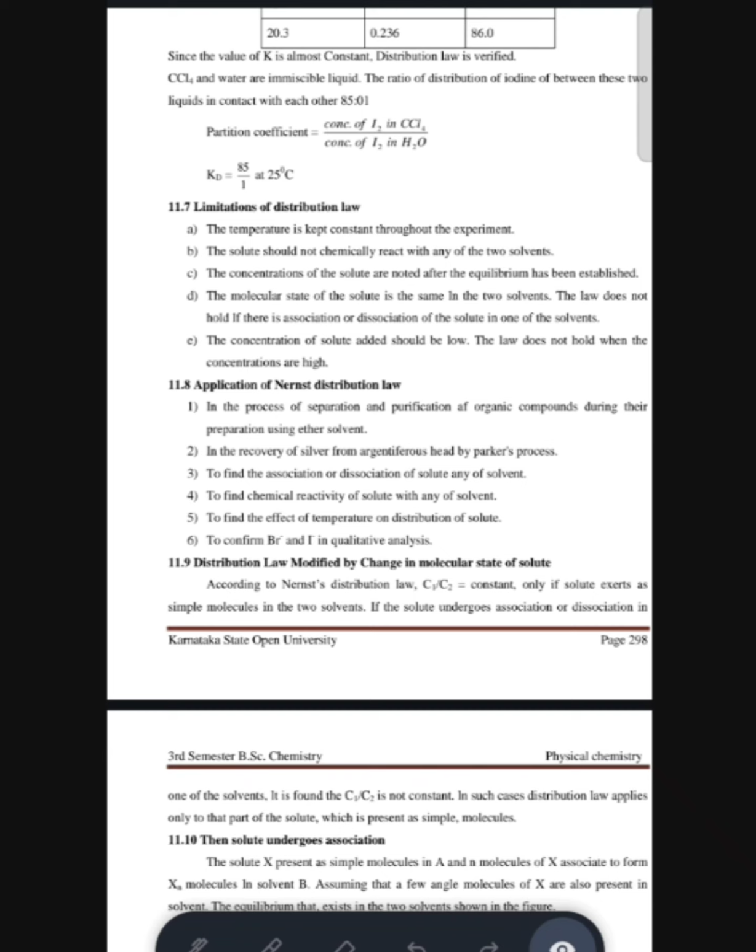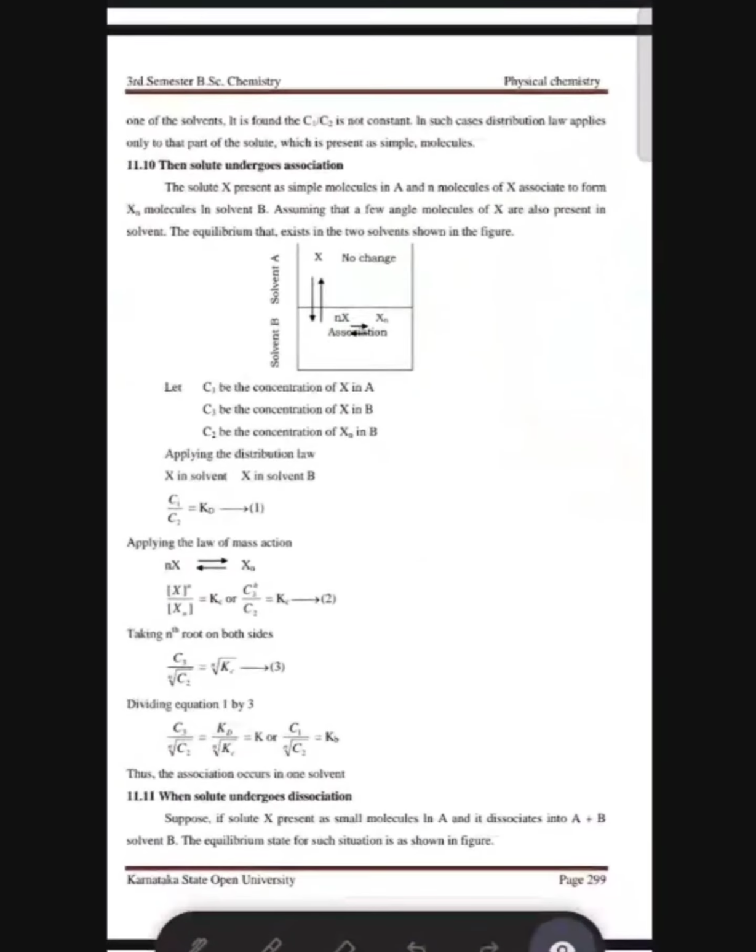In such cases, the distribution law applies only to the part of the solute which is present as simple molecules. Only to that part of the solute it can be applied.